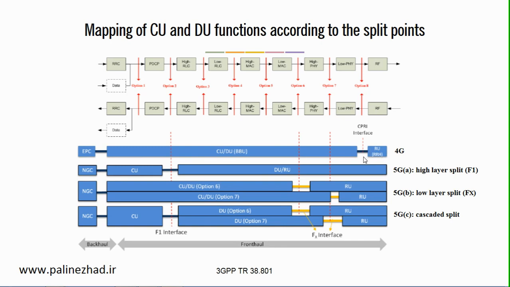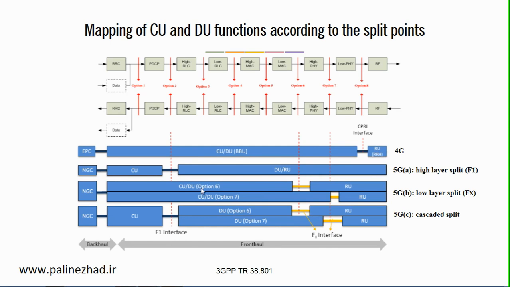It's like the option 8 split. In the next line, we see the option 2 split, and the CU has PDCP and RRC layers, and the other layers reside in the DU and RU. It's called high layer split, and it's a split on the midhaul F1 interface.